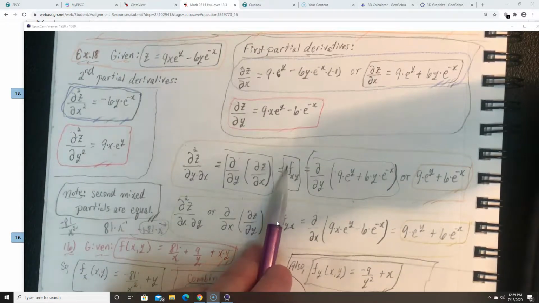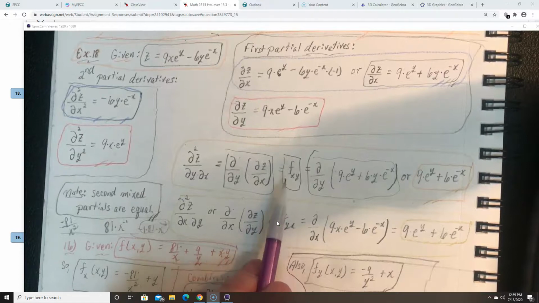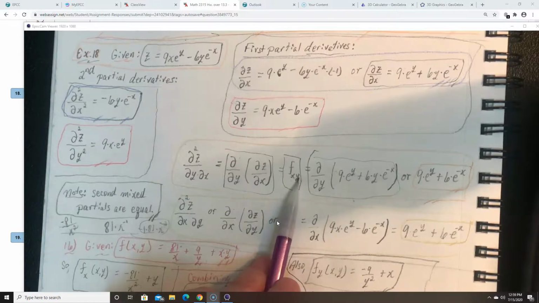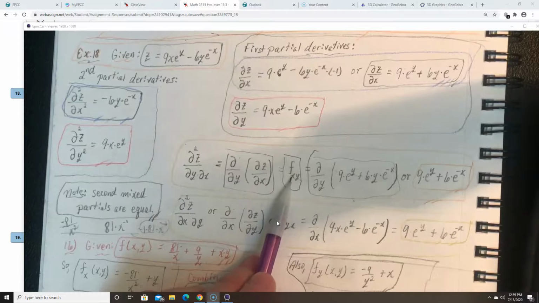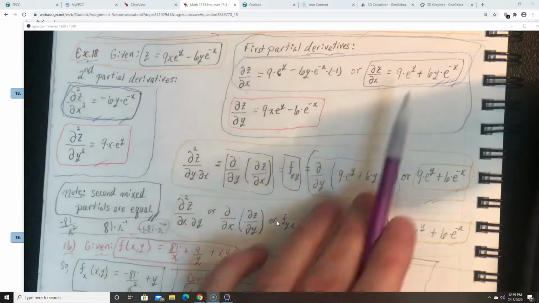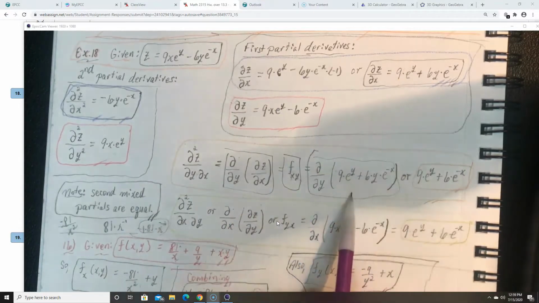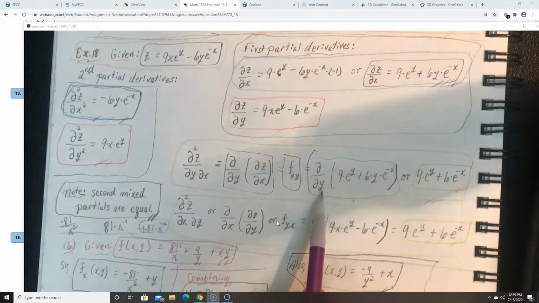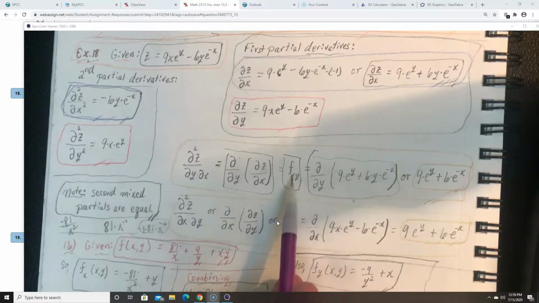This is the function f, but when it's written this way, you read it from left to right. I don't know why they played this game, but you start here and you first differentiate f with respect to x, which is what we did up here, and then you differentiate it with respect to y. So you read this one first and then this one.